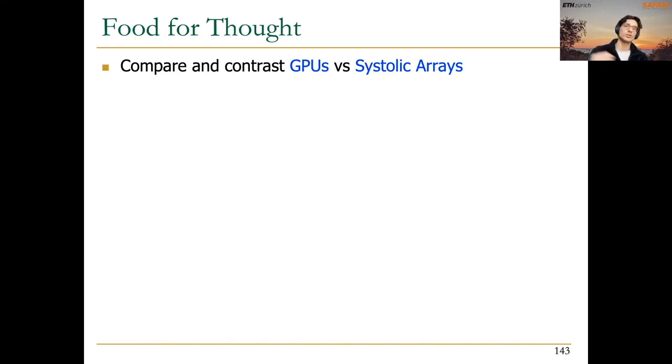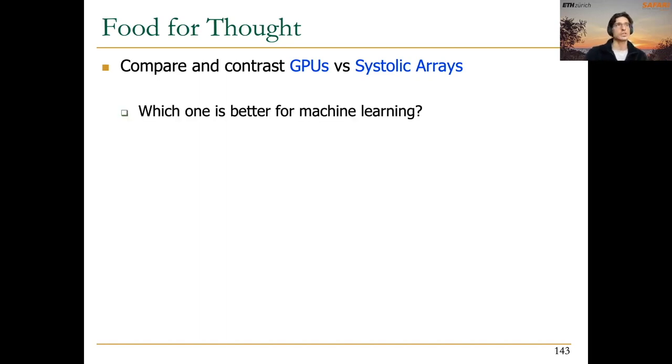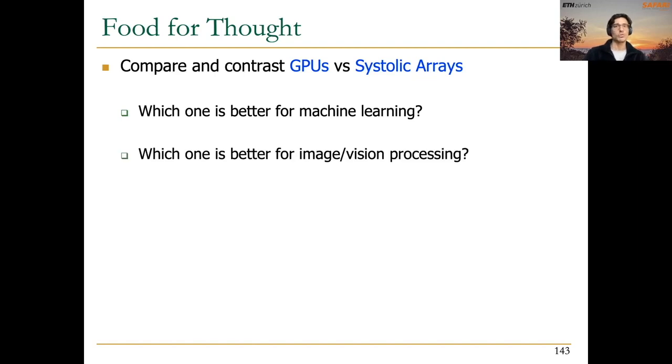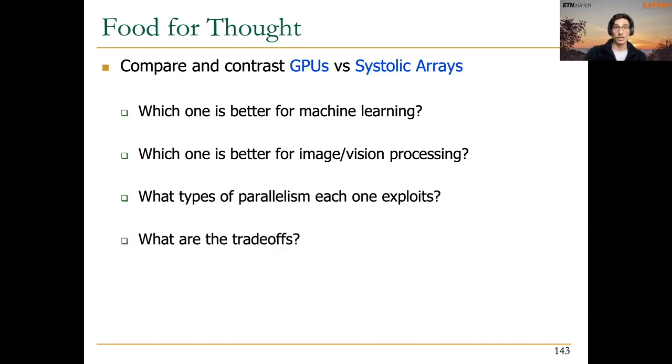Just a little bit of food for thought, and then I hope I can take some more questions. You can compare and contrast GPUs and systolic arrays by yourself, the difference between a SIMD machine and a MISD machine like the systolic array. You can think about what is better for the different workloads you may have in mind, for machine learning, for image and vision processing, and think about the types of parallelism that each one exploits.